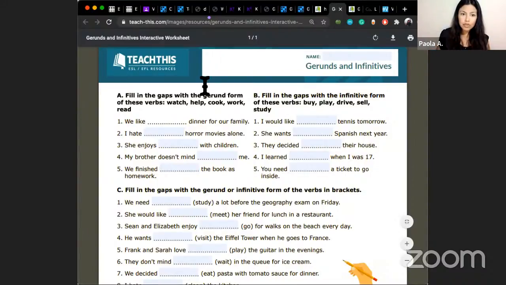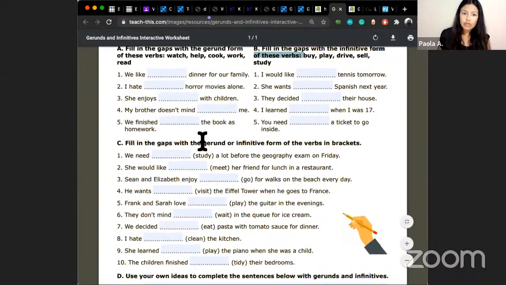And you can choose between the verbs. And here it's telling us to use the gerund form with this list of verbs. The other one is asking the infinitive with this list of verbs, no? And that's the easy part. In the second part, now you're going to choose if it's a gerund or infinitive. No, and all the verbs are here: meet, go, visit, etc.